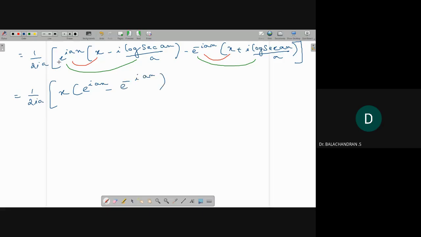And then from these two I'm taking minus i log secant ax divided by a commonly. If I take this, you'll get e power iax, and then here it should be plus e power minus iax.